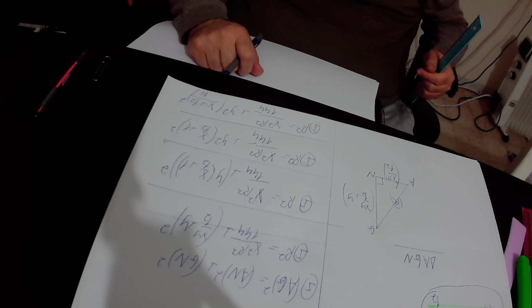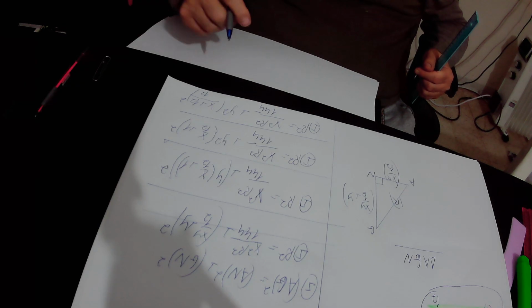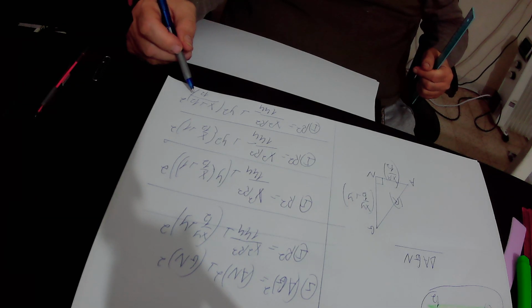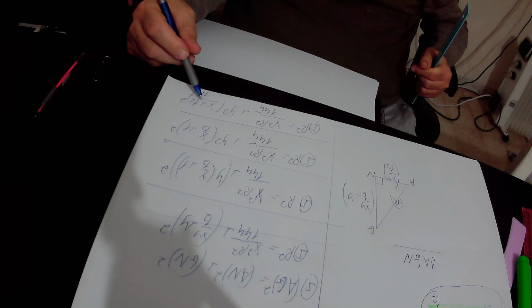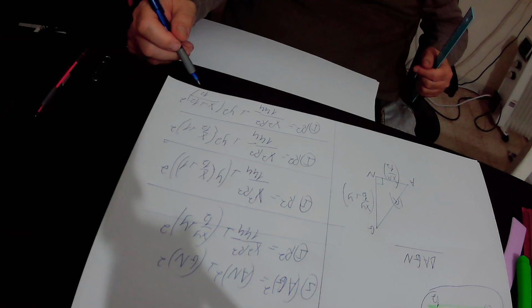So here we divide, (x plus 12 over 12) squared equals (x plus 12) squared over 12 squared.